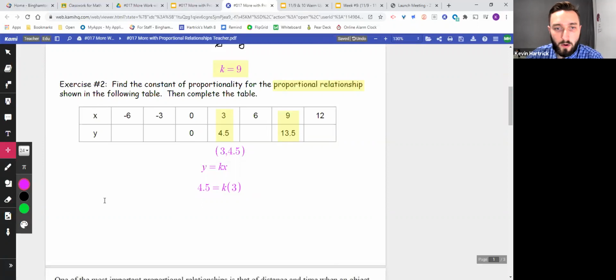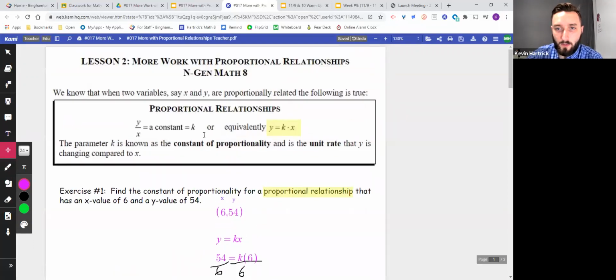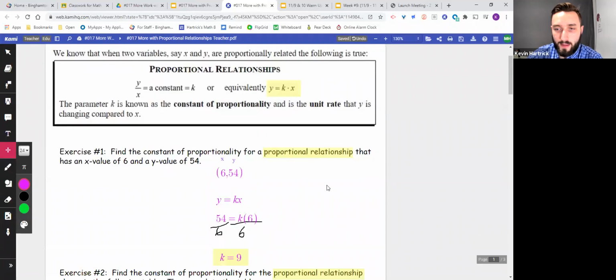I have one unknown. I need to get rid of the thing that's on the same side as the unknown. Well, that right now is this 3. So I'm going to divide by that 3 on both sides in order to get rid of that 3. 3 divided by 3 is 1k, or just k. So I have k equals, remember, again, they tell us if you want to find the constant of proportionality, this k, you take the y value and divide it by the x.